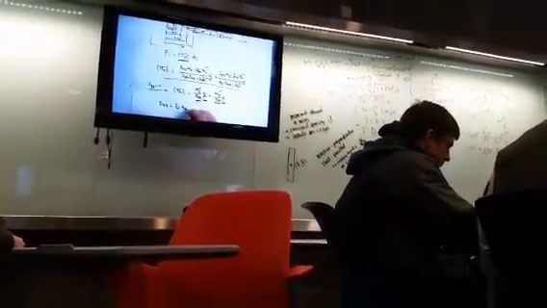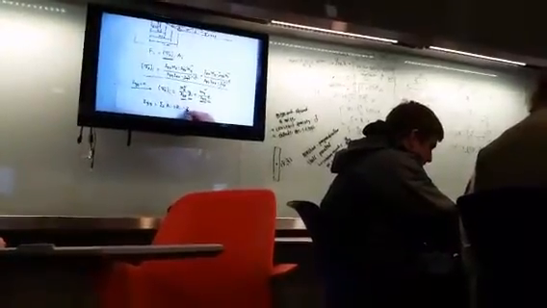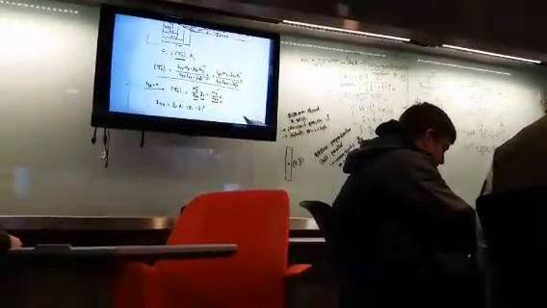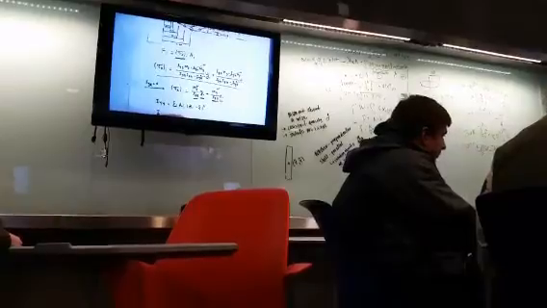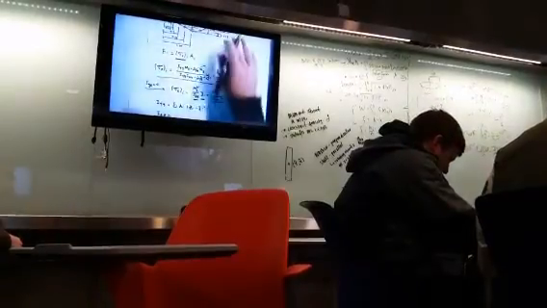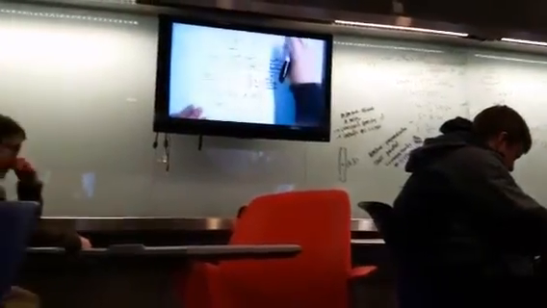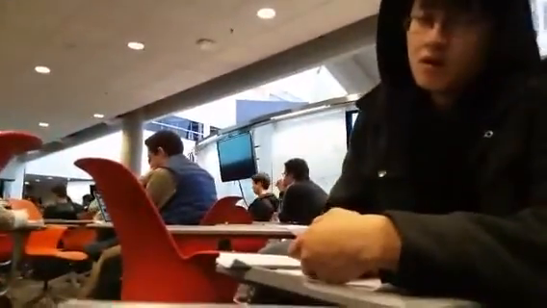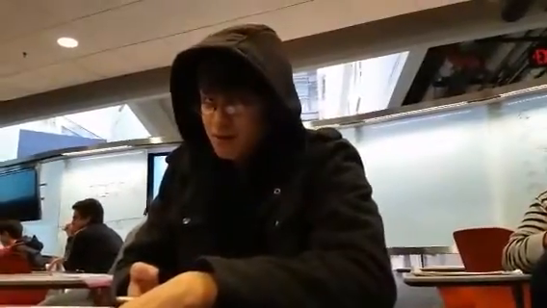Summation of AI times (ZI minus Z bar) squared. Right? And what is IZZ? Summation of AI times (YI minus Y bar) squared. We need to figure this out too, and then sigma x can be solved.